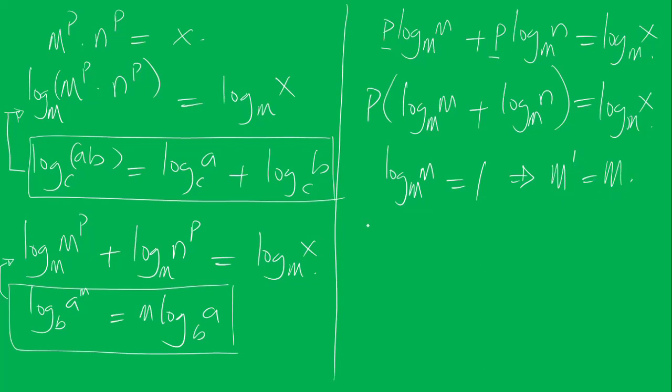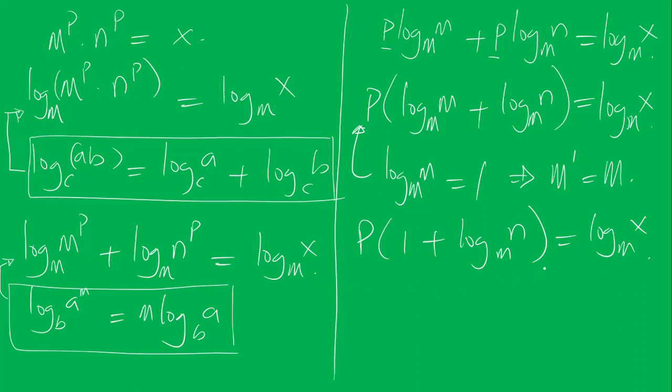So anything raised to power 1 is equal to that thing. Applying this here, you now have p times (1 plus log n base m) equal to log x base m.